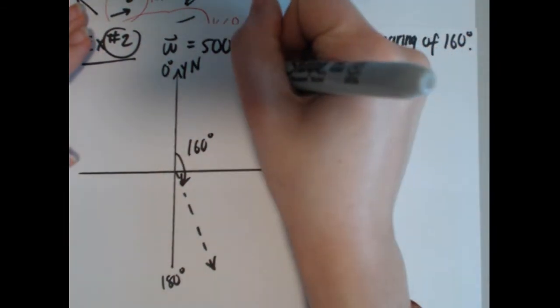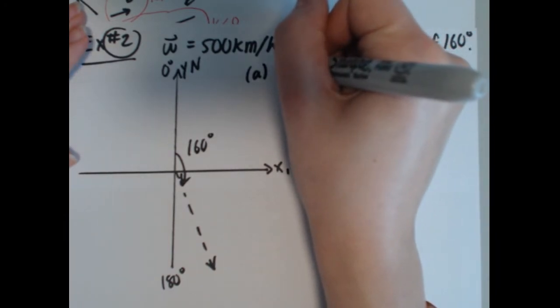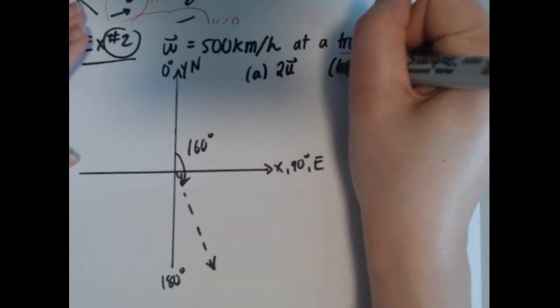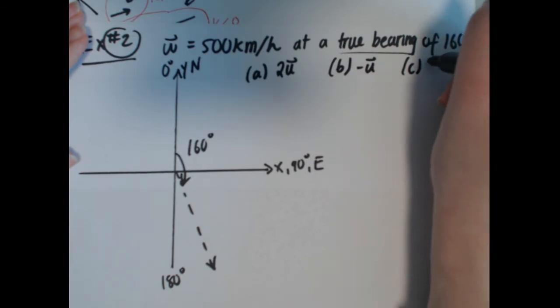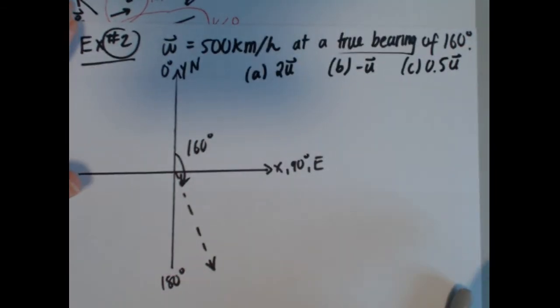Now let's look at what we need to answer. Part A, we need to sketch the vector 2W. For part B, -W, and for part C, we're going to sketch the vector 0.5W. Keeping that in mind, I'm going to draw this a little bit shorter, otherwise it's going to be tricky to fit 2W in this picture. Give me 1 second, let me grab my whiteout.